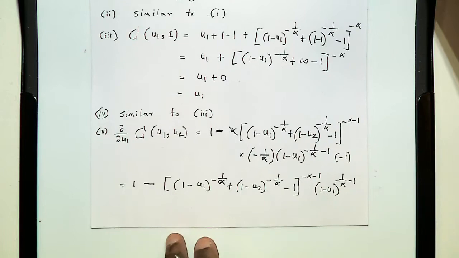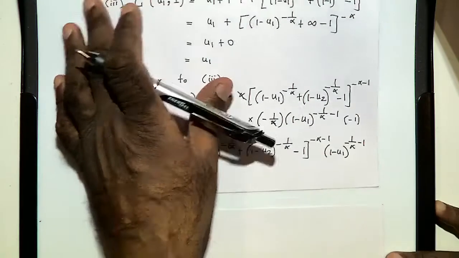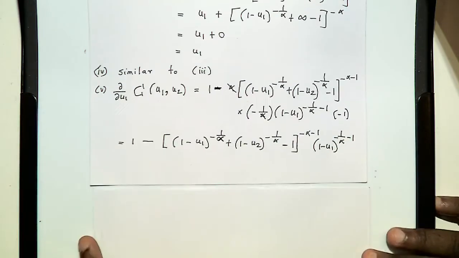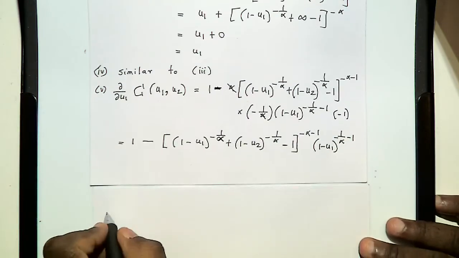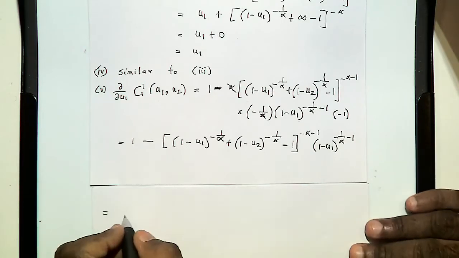Okay. Now, how do we show that this is non-negative? That's the question. So let's go to the next page. Now, the trick is as follows. What you do is, you write this as follows.